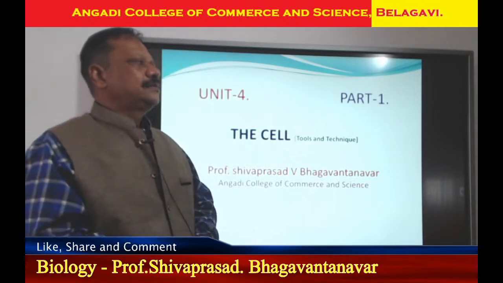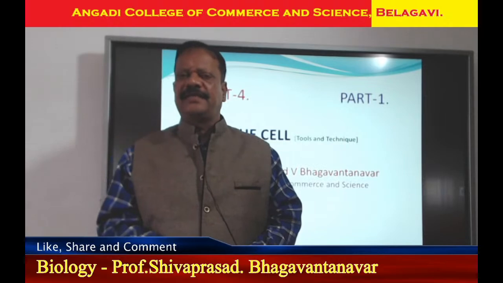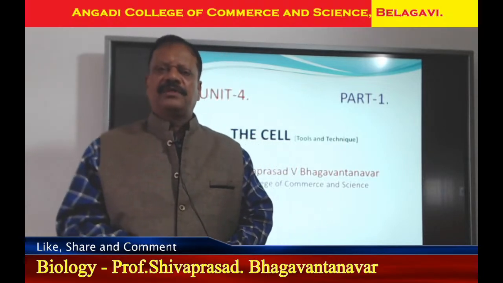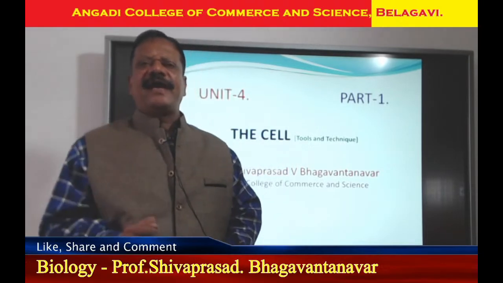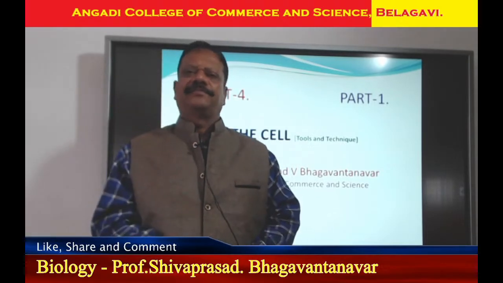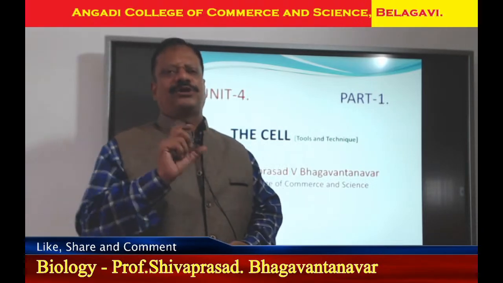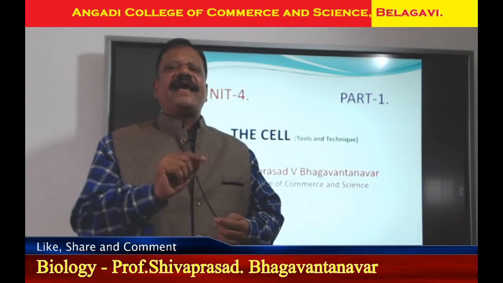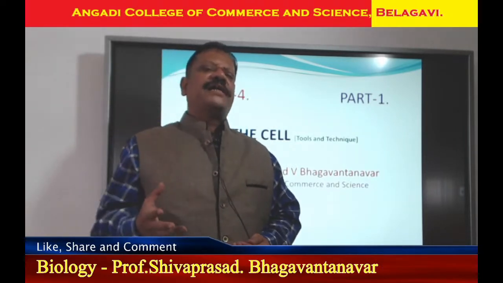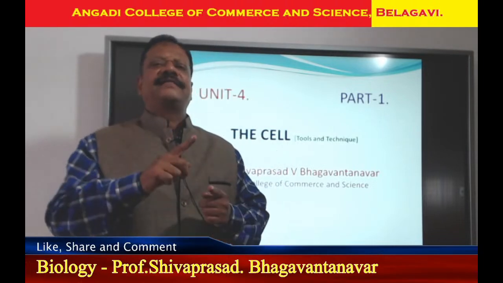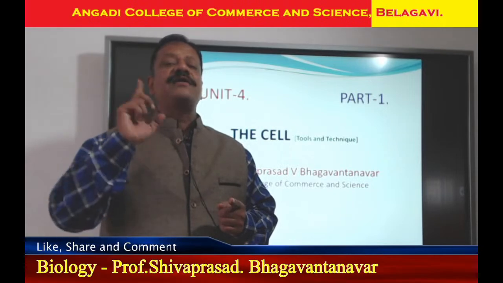Now here, the eyepiece and nose piece, when you consider them in a compound microscope, there are 10x, 15x, 20x, like this the x's are written. Say, for example, the eyepiece and nose piece are 10x each. Then the magnification power will be 10x into 10x, that is 10 into 10, 100.